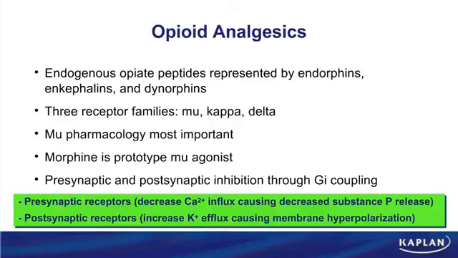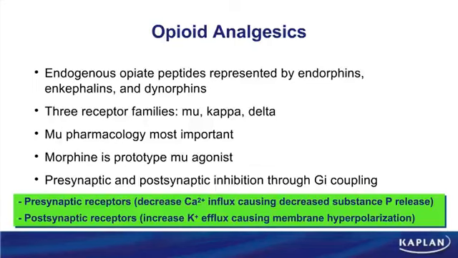When I stimulate postsynaptic Gi-coupled receptors, I get an increase in potassium efflux that causes membrane hyperpolarization. When I hyperpolarize the membrane, I'm going to prevent the propagation of the pain signal. If you put those two mechanisms together, it says that opioids stop pain by decreasing the release of a pain transmitter and by decreasing pain transmission.